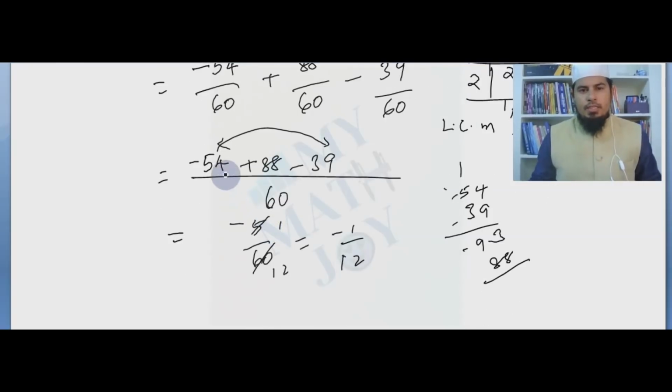According to integer operations, all negatives will be added. Minus 54 minus 39, you get exactly minus 93. Then this is plus 88, so with one negative number and one positive number, you have to subtract. The greater number's sign you will put there, so you got minus 5 by 60. And if you reduce, cancelling by 5, I will get this one. This is the most simplified answer for this one.